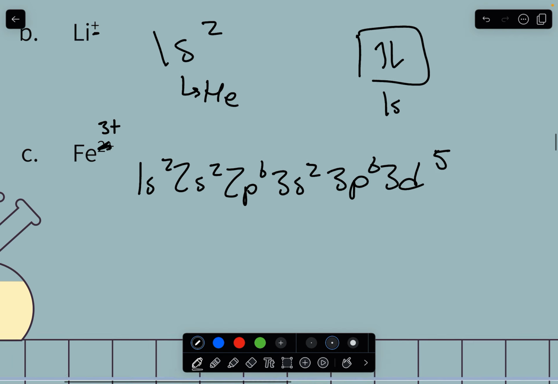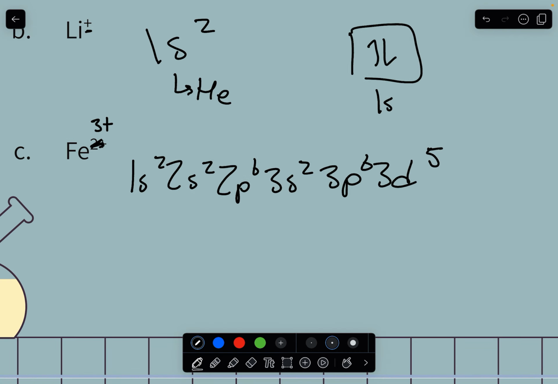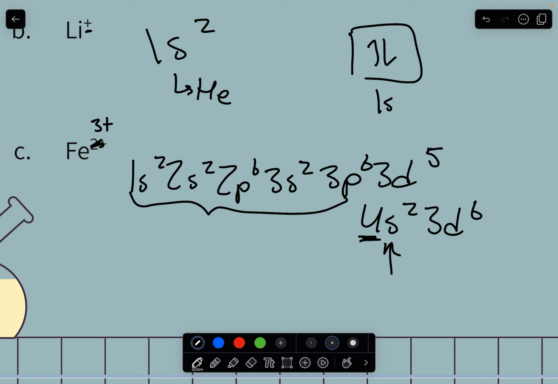You'll notice here, originally without the charge, this part would have been the same. Then we would have had the 4s2, 3d6. But remember, with a charge, you take away from the s first because the higher energy level has a higher number in front. So we got rid of those 2 first, and the third one came from that d.